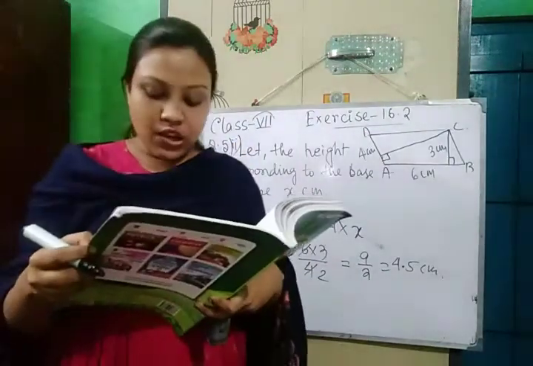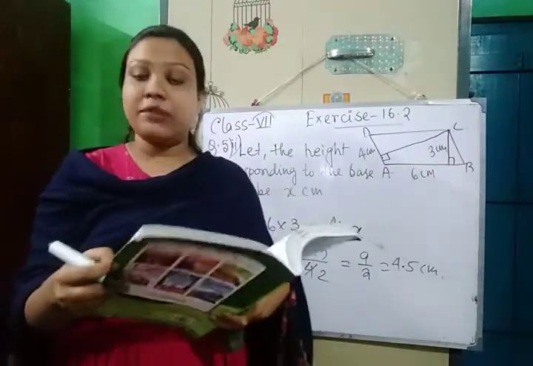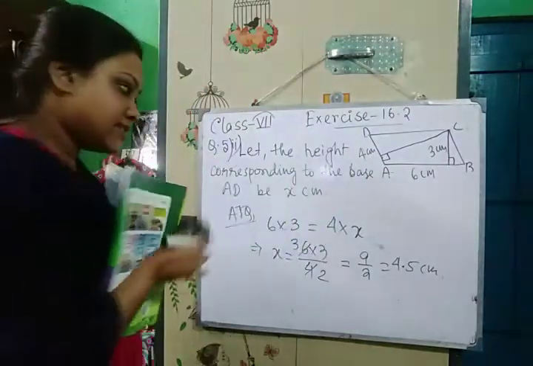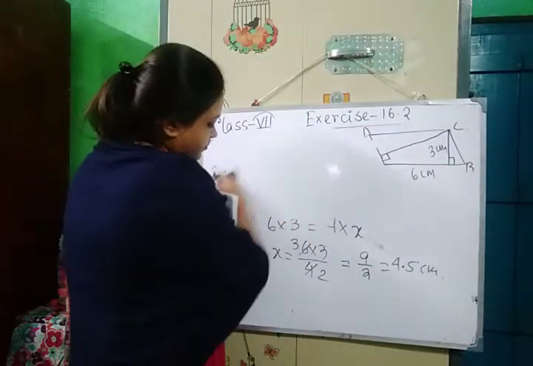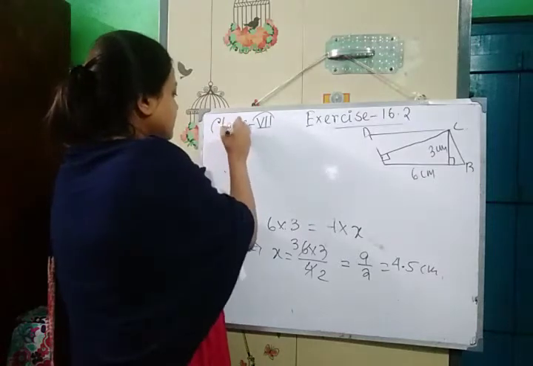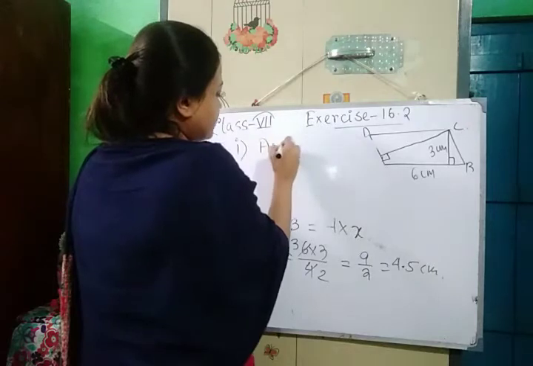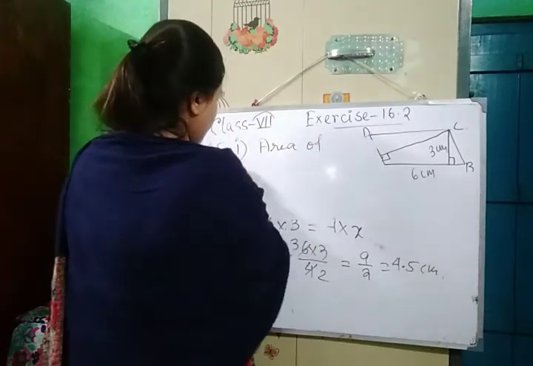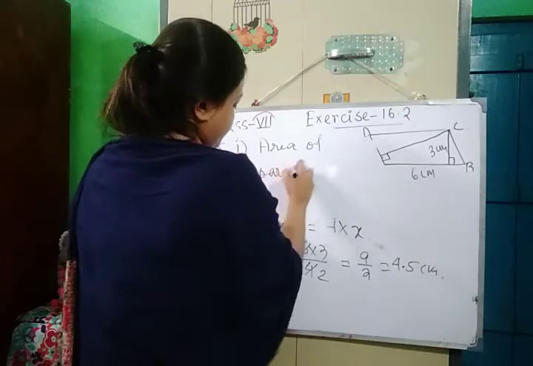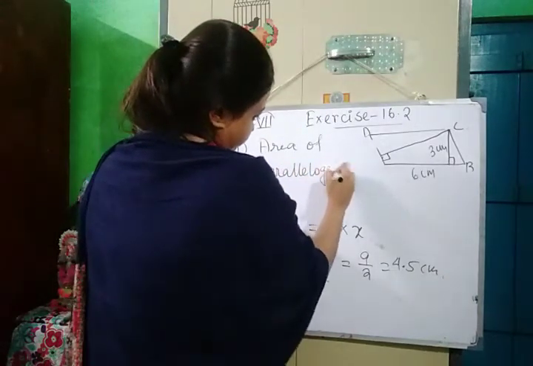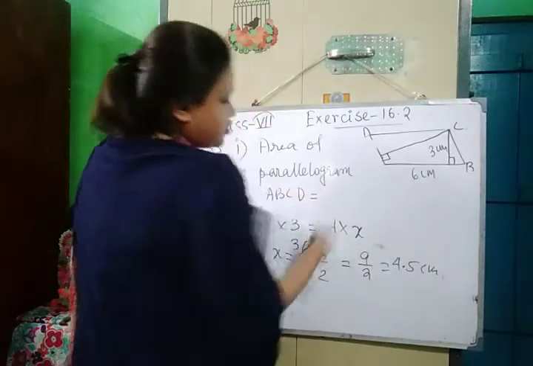Now I am going to find out the Roman 1, the area of the parallelogram ABCD. Very easy. Just write here the area of the parallelogram equals base into height.